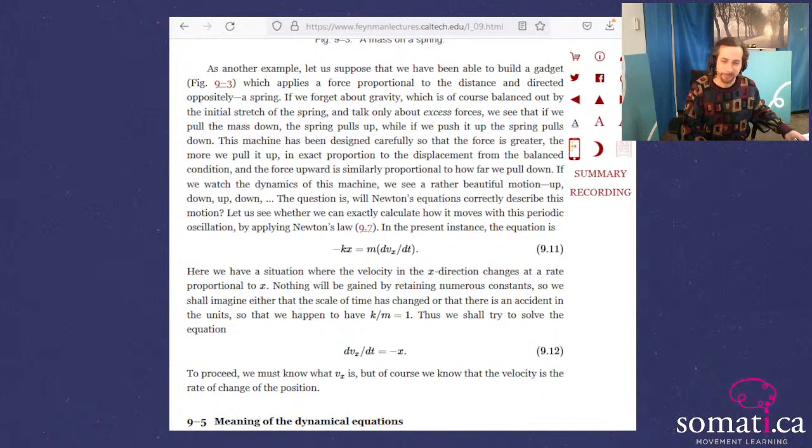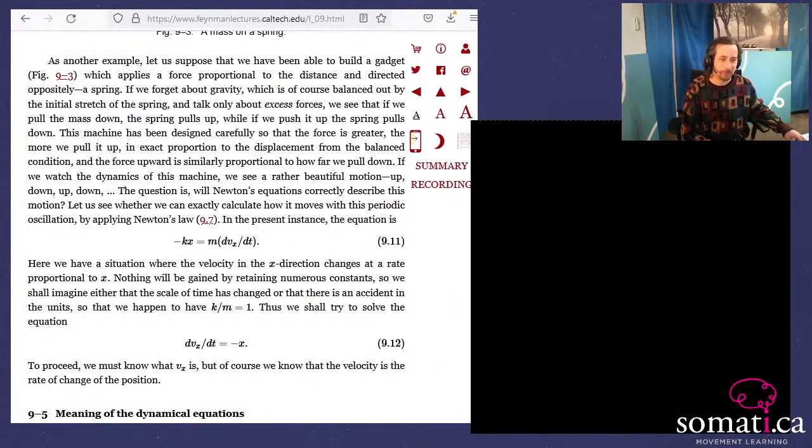I didn't actually follow that. It's a simple piece of arithmetic I can try to work out live. I should really try to do this with that figure, that plane geometry thing I didn't understand. But you have negative kx is equal to the mass of the thing times d squared x by dt squared. Is that right? Yeah.